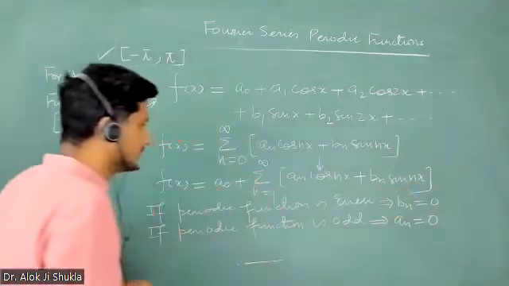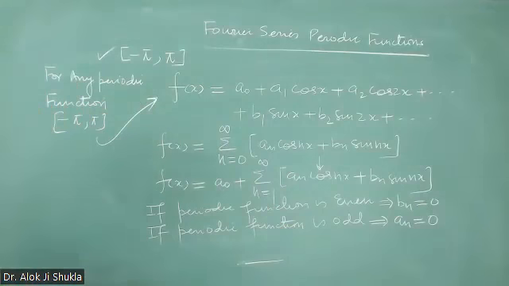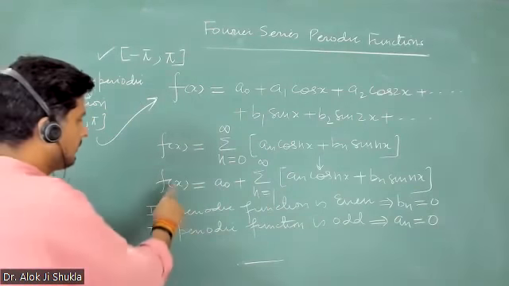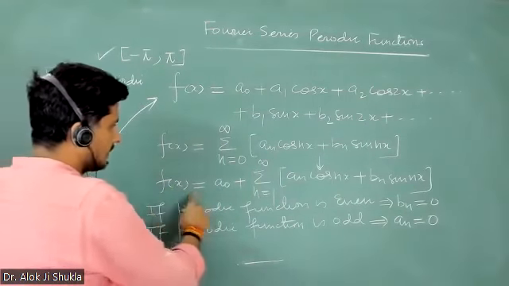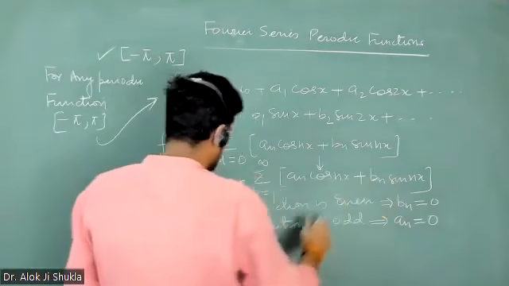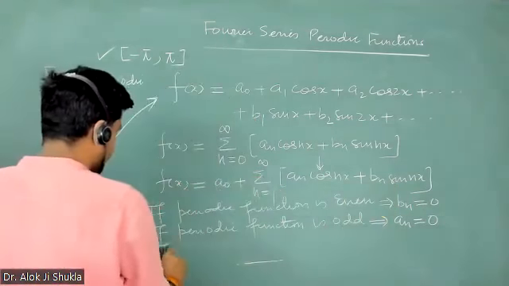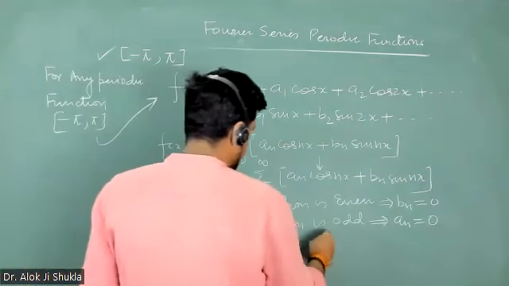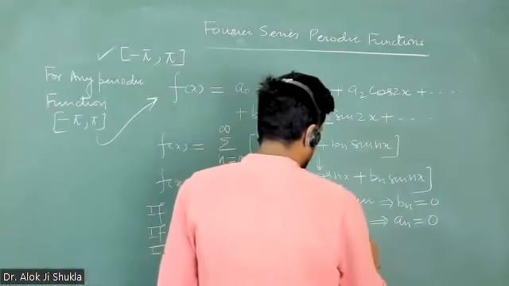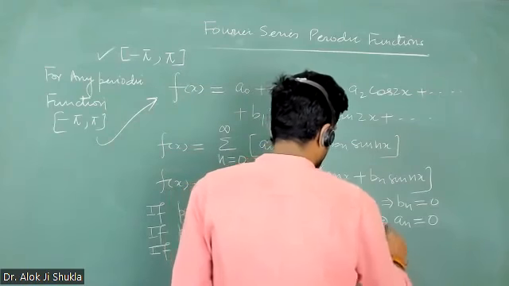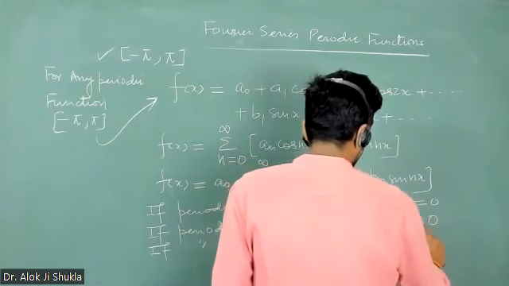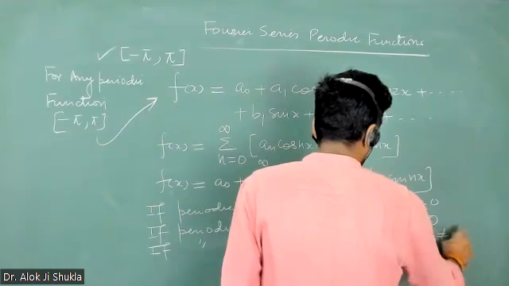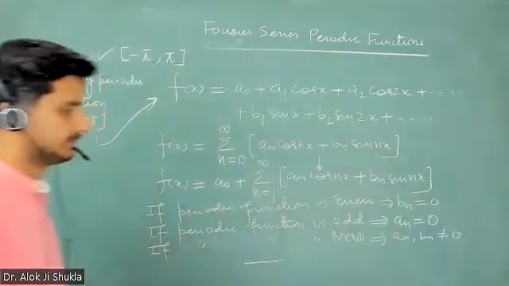There will be no sine terms, so that means bn will become 0. And if your function is odd, then only odd terms are required. And if periodic function is neither even nor odd, then an and bn will not be equal to 0.